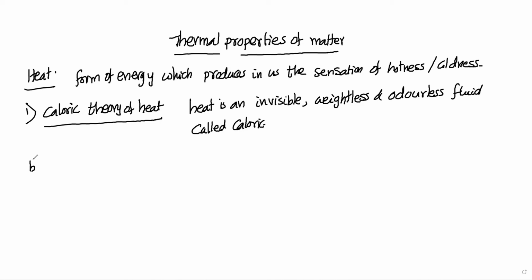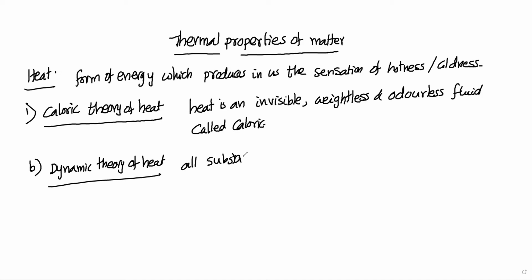Next one is the dynamic theory of heat. What is dynamic theory? According to the theory, all substances, which means either solid or liquid or gas, are made up of molecules.